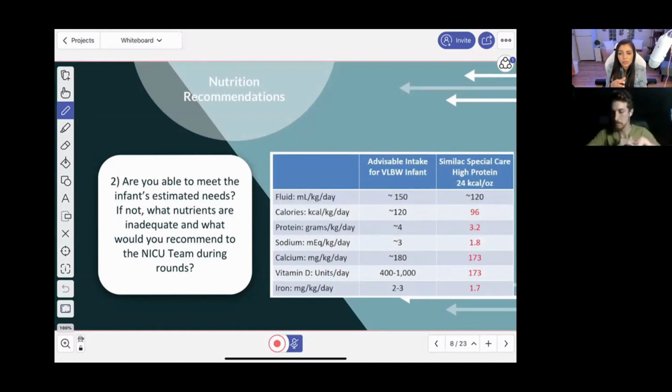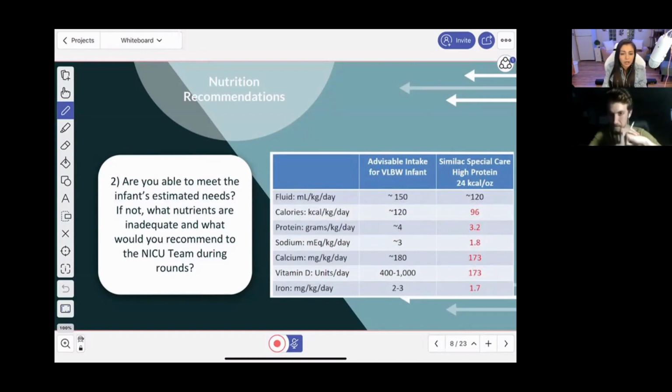Our advisable is 120. With this actual formula at this rate of fluid, it's only giving us about 96 kcals per kilogram per day. Our protein is a little bit on the lower side at 3.2 versus the advisable intake of 4 grams per kilogram per day. Sodium is very low, 1.8, and it's supposed to be 3 milliequivalents.